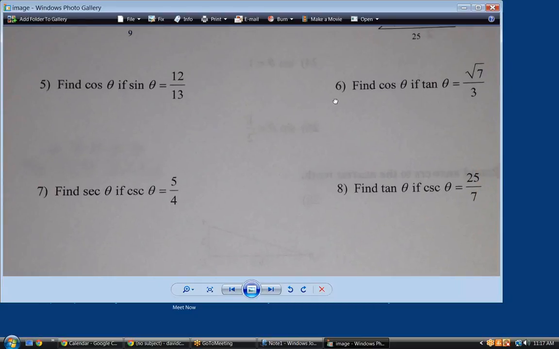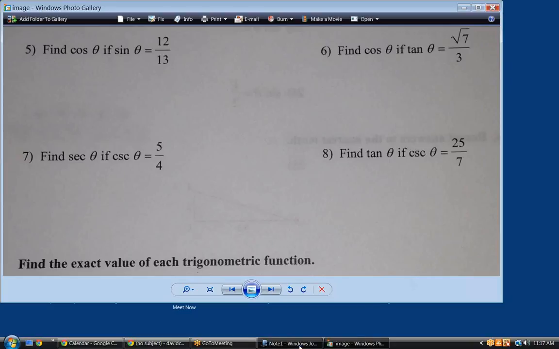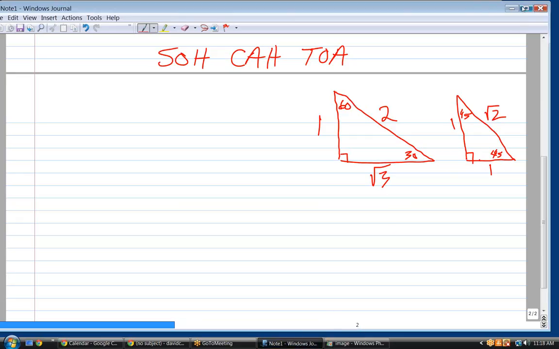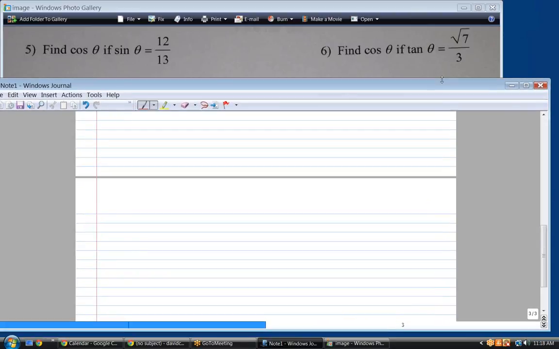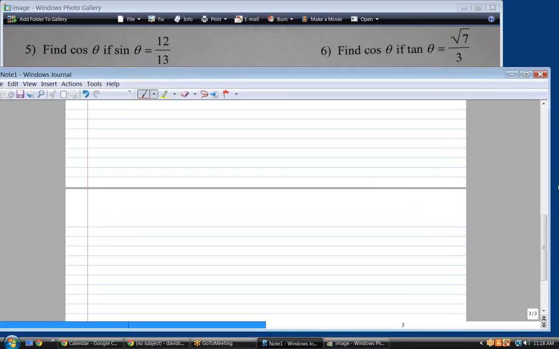All right, I love problems like number 5. Let me bring my notebook up because you can make them very, very easy. These are your classic trig questions. They give you the value for one trig function, and they want you to find the values for the other.